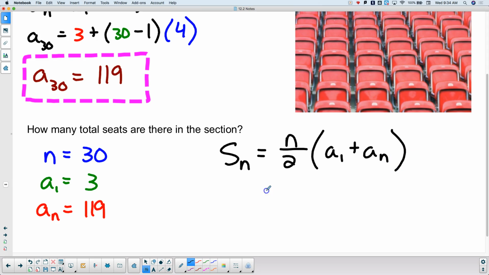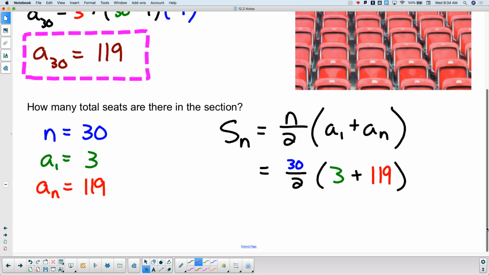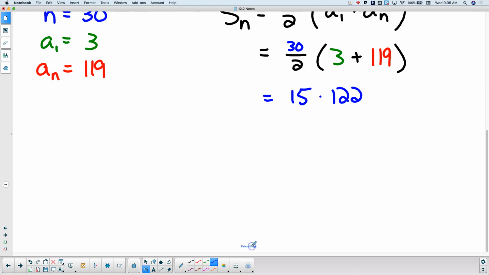So that's going to be 30 divided by 2 times the quantity 3 plus 119. 30 divided by 2 is 15. 3 plus 119 is 122. 15 times 122 is how much? 1830.